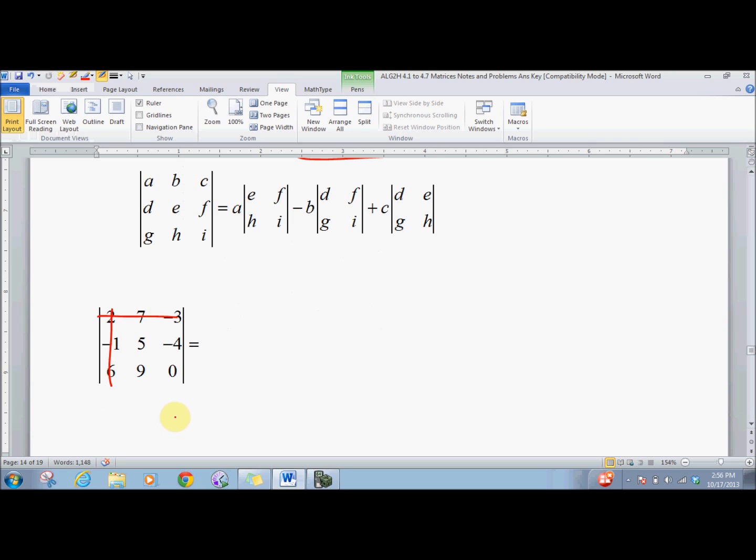Take that out. And we go the 2 times 5, negative 4, 9, 0, minus 7, negative 1, negative 4, 6, 0, plus negative 3, negative 1, 5, 6, 9.